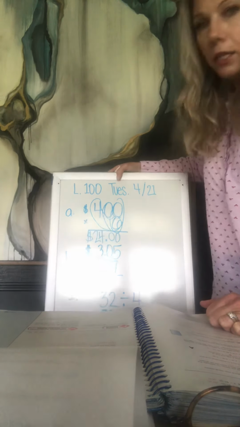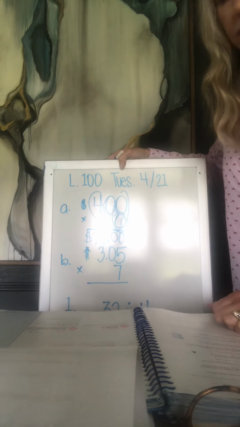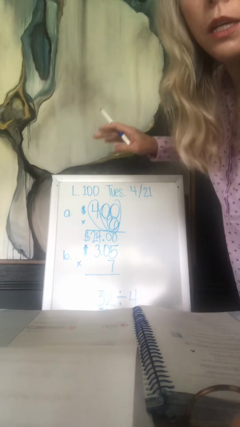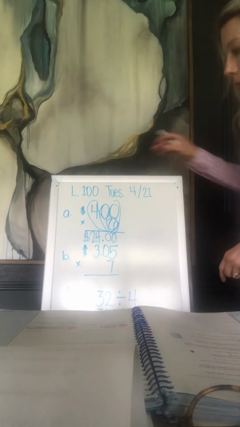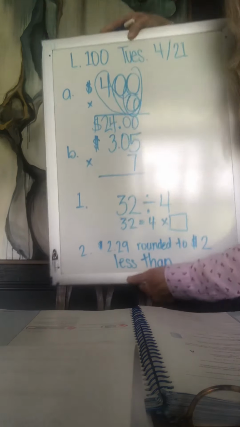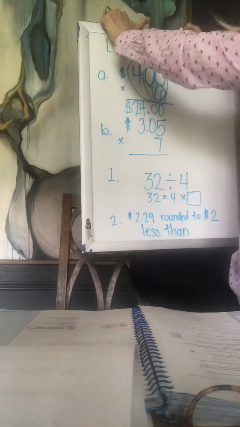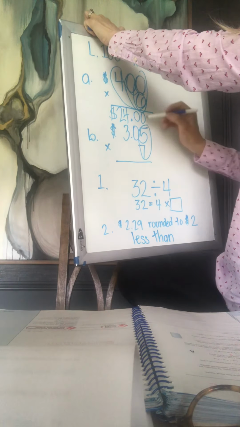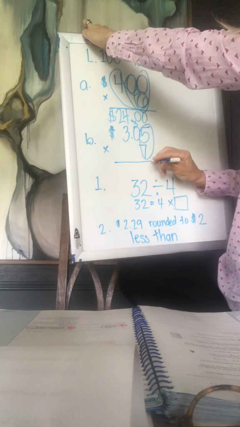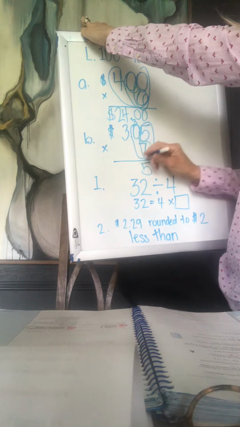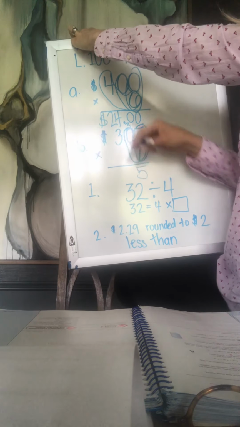Okay, next we have 305 times 7. Okay, so I'm going to say 5 times 7 is 35. I'm going to add my 3 up top. My 5's going to go right here. We're going to lasso 7 times 0. Okay, we're taking turns here.